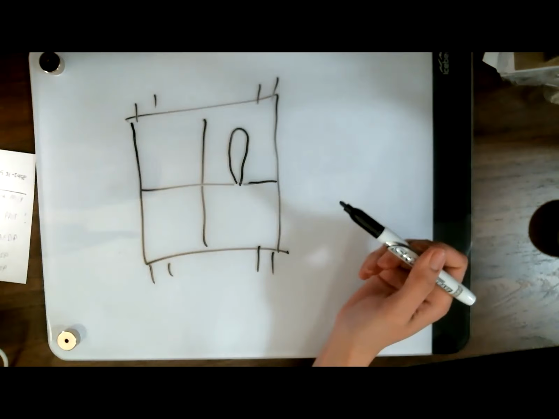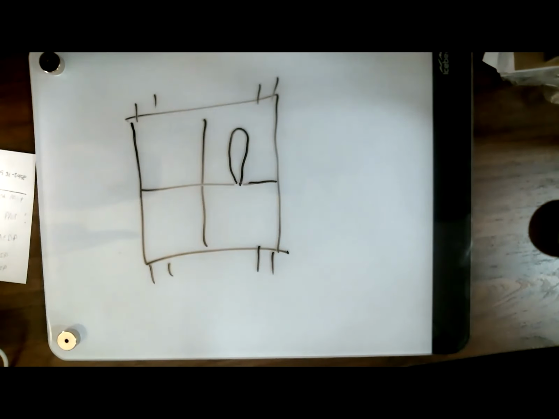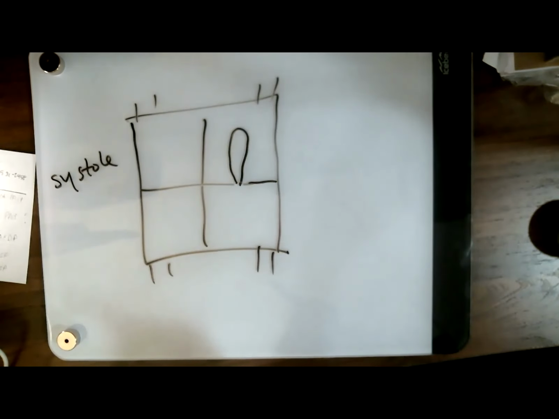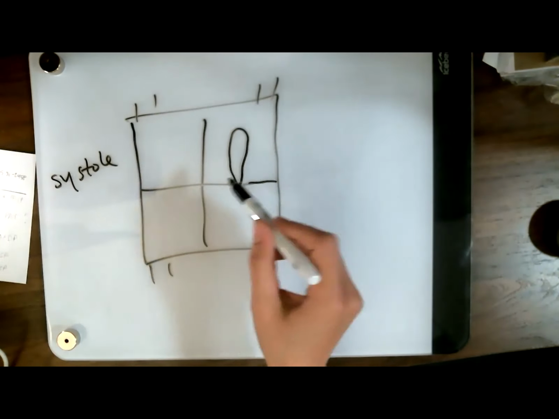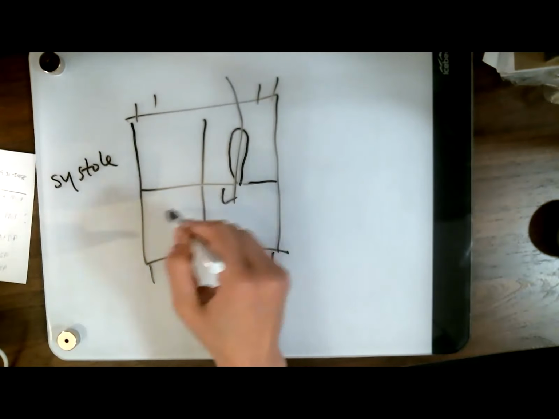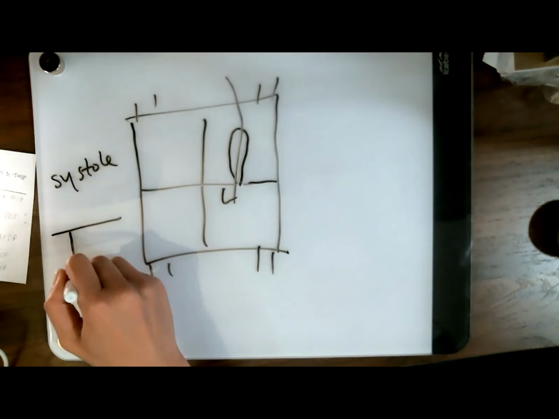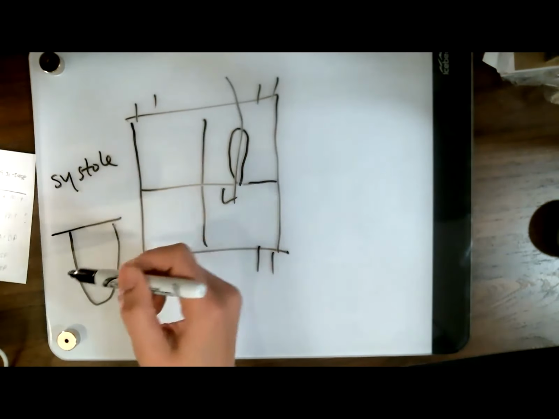MR happens in systole or diastole? Anyone? Systole. So we're in systole. Okay. So we have an MR jet and we're Dopplering it. Well, it's going to be upside down though, right? Because the heart's flipped.